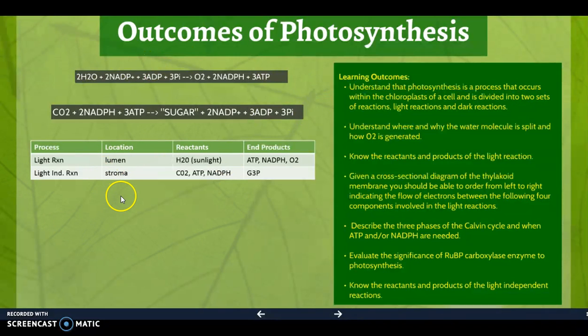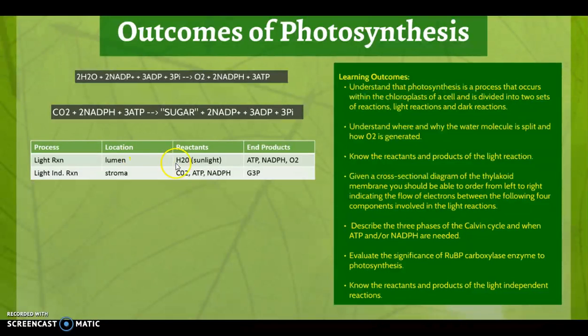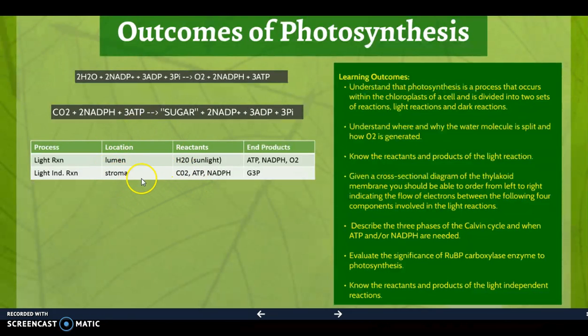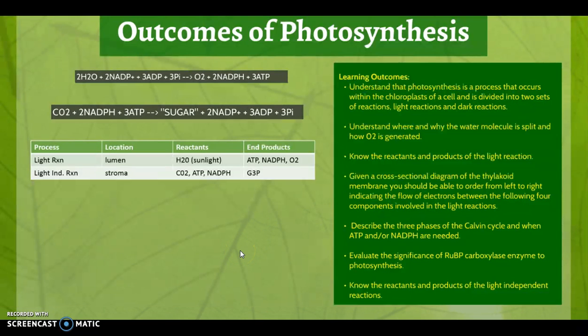This is a nice little table that talks about the process and where it's occurring. I would encourage you to be able to recreate that table. And then here are our specific learning outcomes. I hope that you understand that photosynthesis is a process that's occurring in the chloroplast. It's divided into 2 sets. And that we know that the water molecule is split and that oxygen is generated from this process.